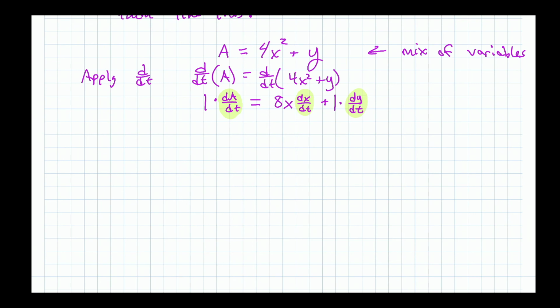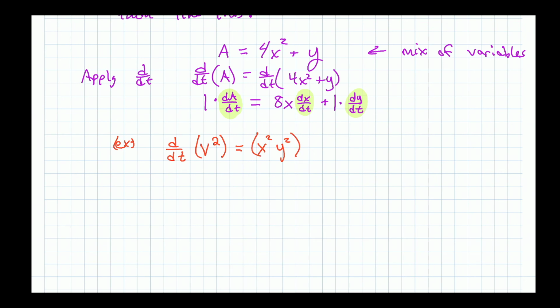So let's look at a different one. Let's do another example. Let's say d dt of v squared equals, and this is made up, it doesn't mean anything here, x squared y squared.